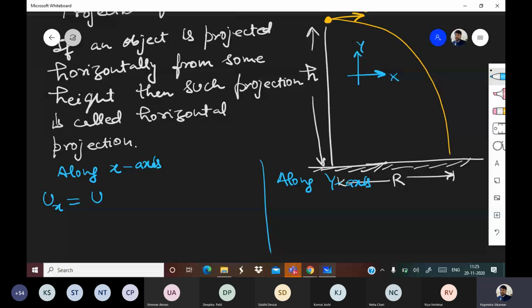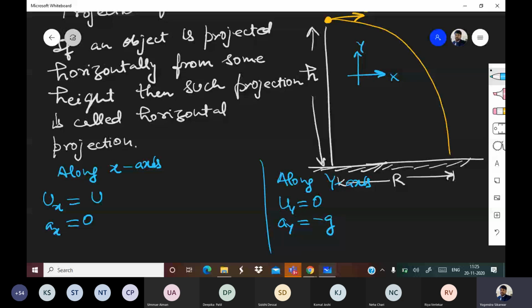Along y-axis, what you can see, uy is equal to 0. Why uy is equal to 0? Because object did not have any velocity along vertical direction in the beginning. How much is acceleration along x-axis? Ax, it is always 0 in projectile motion. Ay, ay will be minus g.